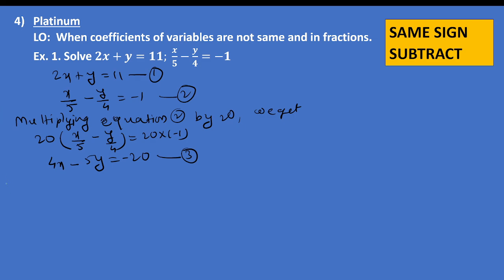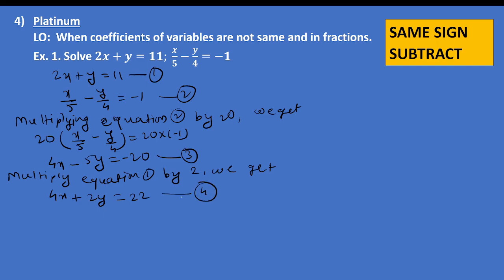So here I'm multiplying equation 1 by 2. We get 4x plus 2y equals 22. This is equation number 4, so now I have two different equations.